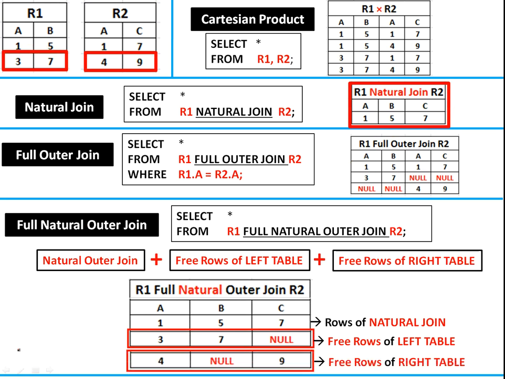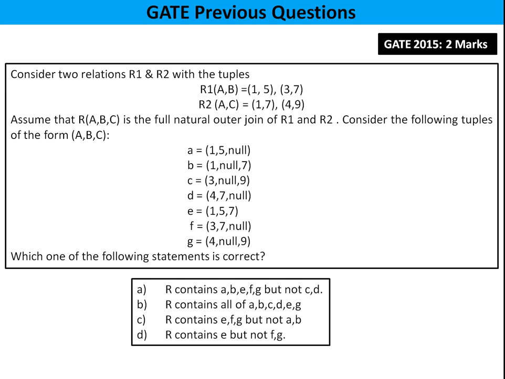Look at this. This was given in GATE 2015 for 2 marks. The question is easy, guys, but the way they asked is a little tricky. Look at the question. They have given 2 small tables, one with 2 rows, the other one with 2 rows. Now they asked you to perform R of ABC as a full natural outer join.